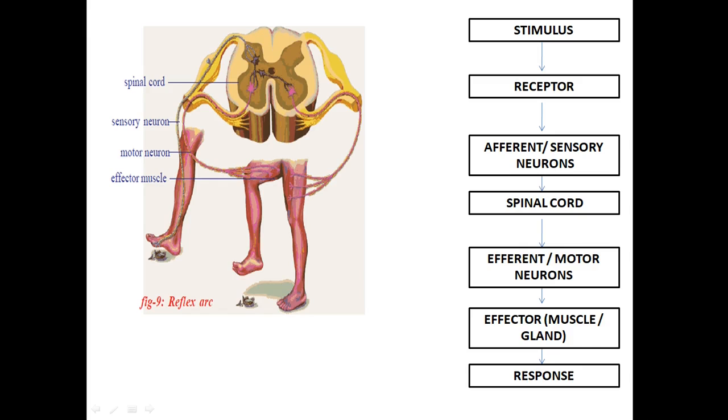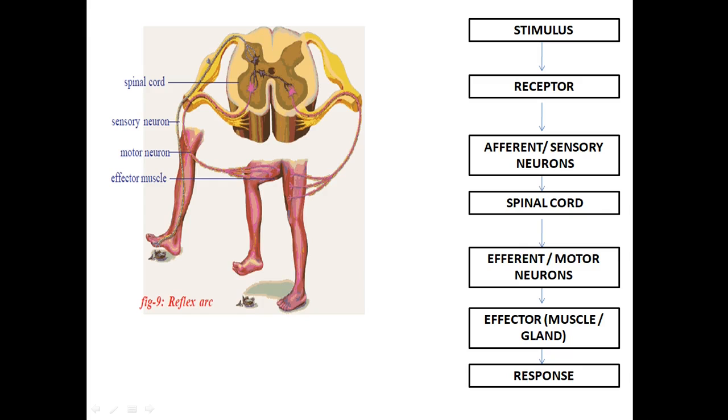Through receptors of the sensory nerves, the message is carried to the spinal cord. The spinal cord analyzes the information and sends the command to motor nerves. Motor nerves carry this information to effectors, that is muscles, here the muscles in the leg.